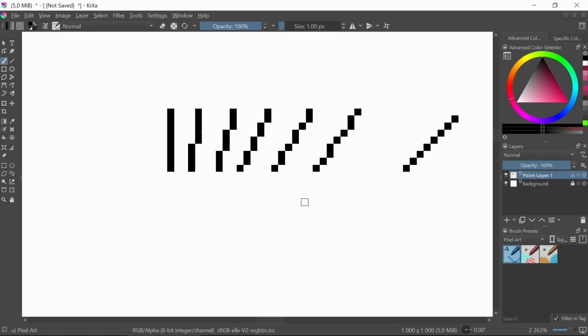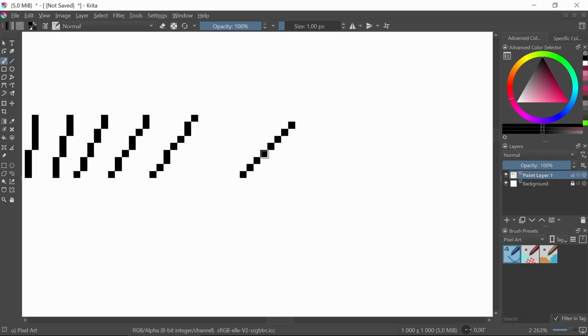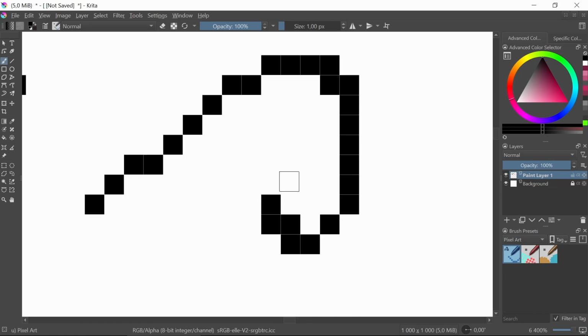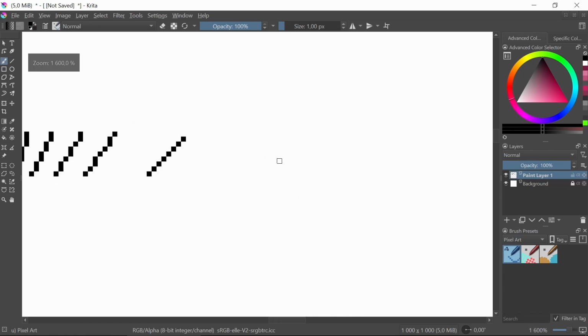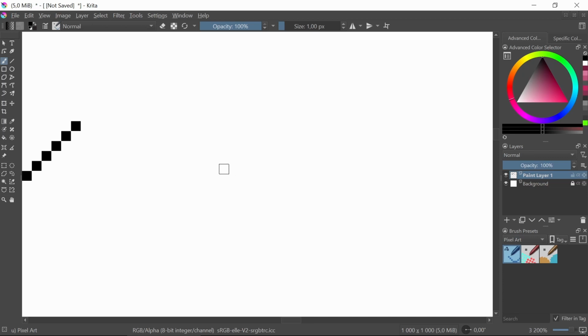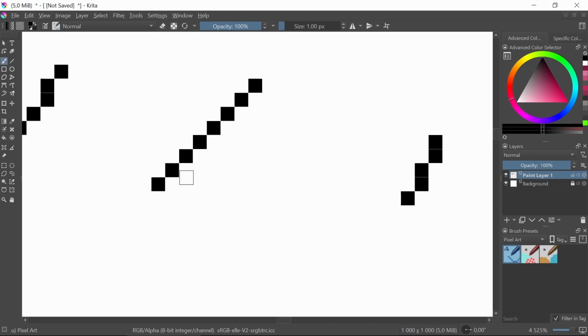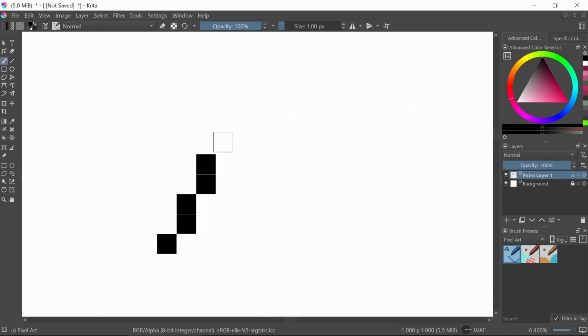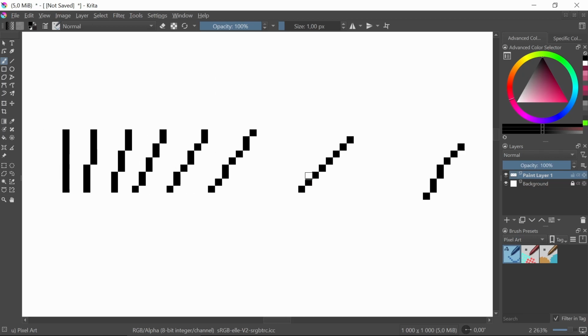Of course, lines in and of themselves will not be enough to make your pixel art. You will also need to make curves. For this example, let's use a spiral. We will start off by making a line, much like one of these we've already made, and slowly start changing between the variations.